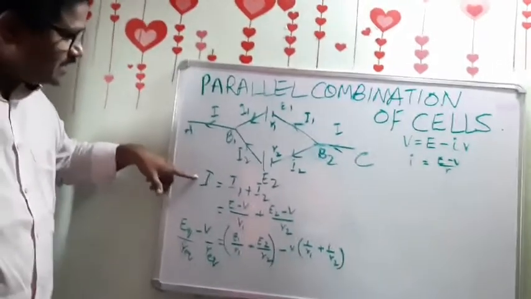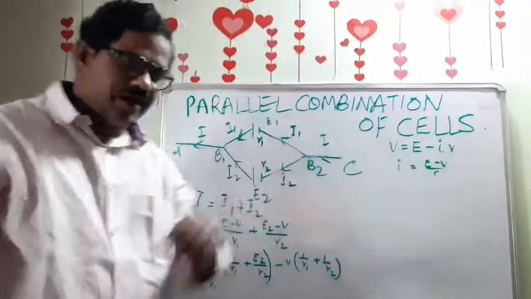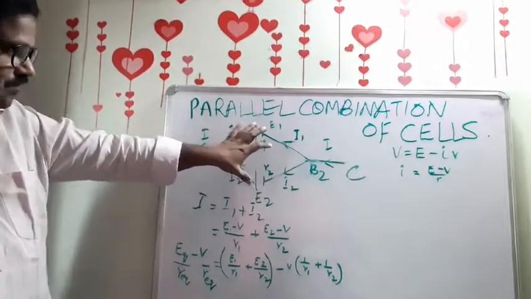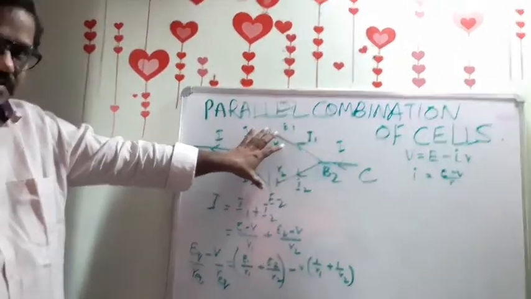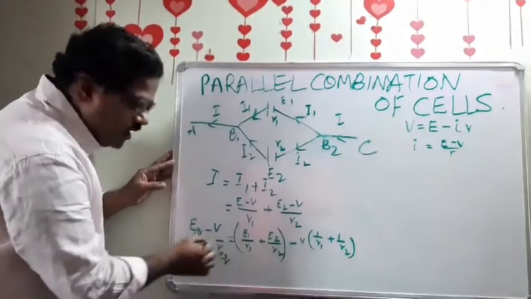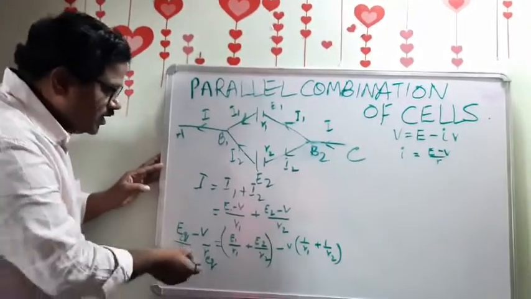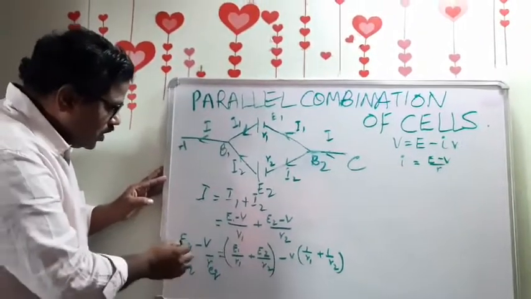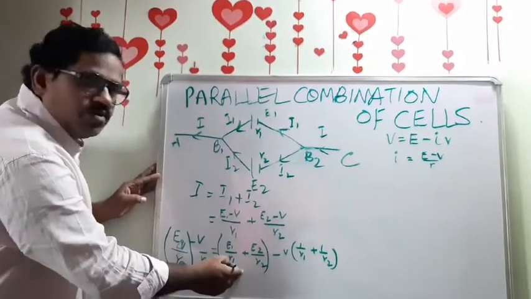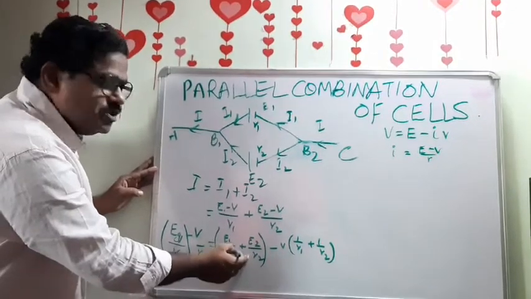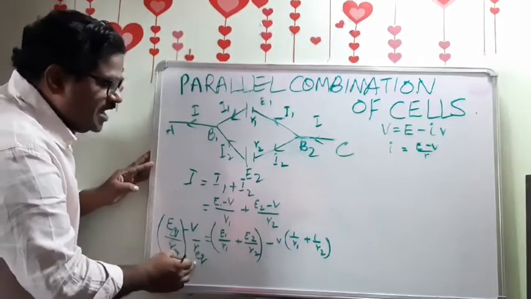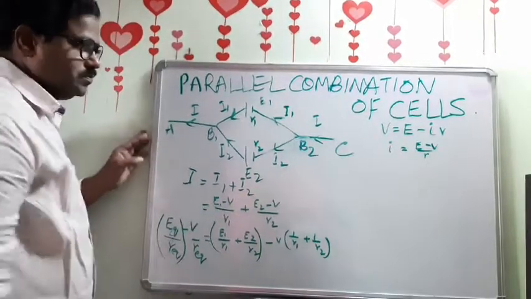For this I, we know I is E minus V by R. So this I is the net current, the effect of the combination of these two cells, which is E equivalent minus V by R equivalent. I wrote it like a split in two parts. So the part E equivalent by R equivalent is equal to E1 by R1 plus E2 by R2, the first part, and then minus V, so 1 by R equivalent equals 1 by R1 plus 1 by R2.